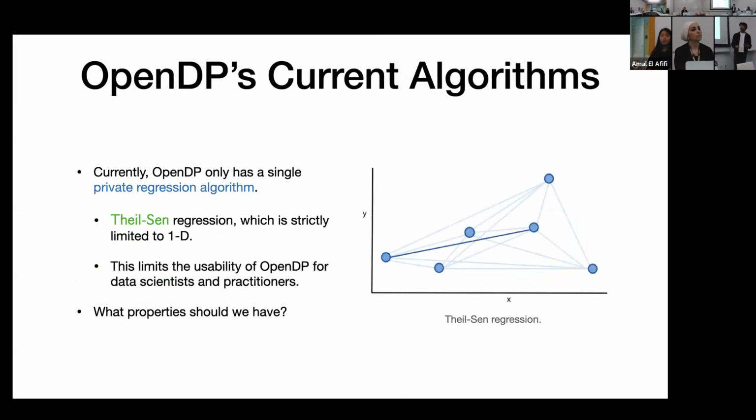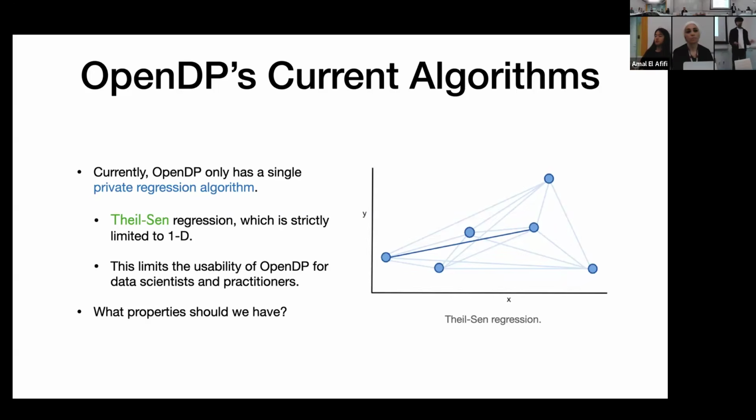So currently, in terms of what OpenDP has in the library, just to set the stage for why I think implementing this is particularly important, we actually only have a single private regression algorithm. This regression is called Theil-Sen, which is strictly limited to 1D.